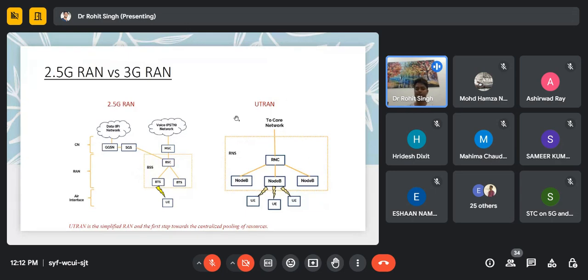Next is the third generation, known as the universal terrestrial radio access network, where you get the biggest change. Now the base transceiver system becomes Node B, and the base station controller is known as the RNC, that is the radio network controller.